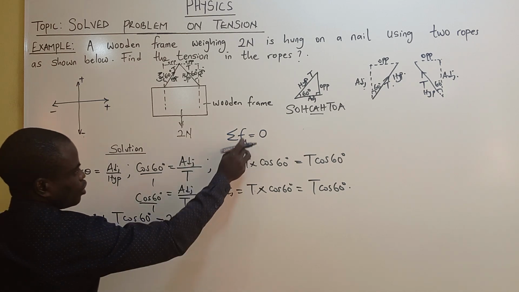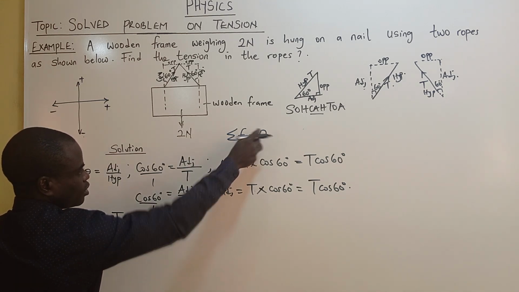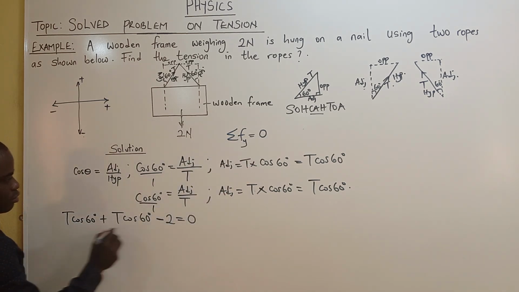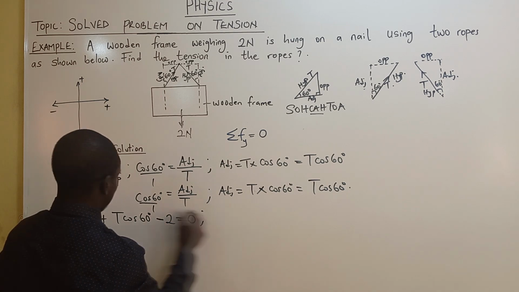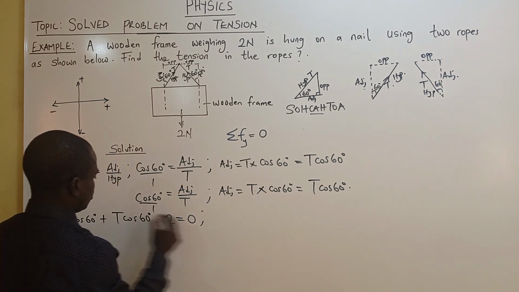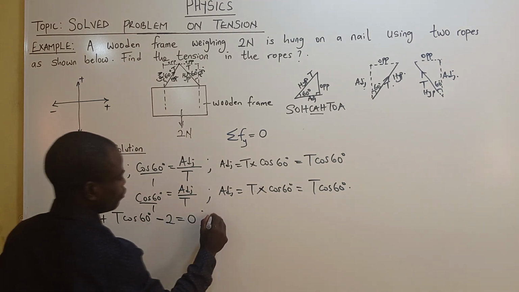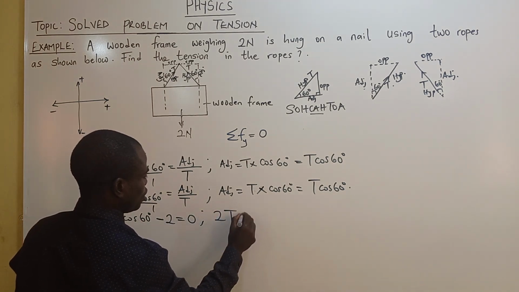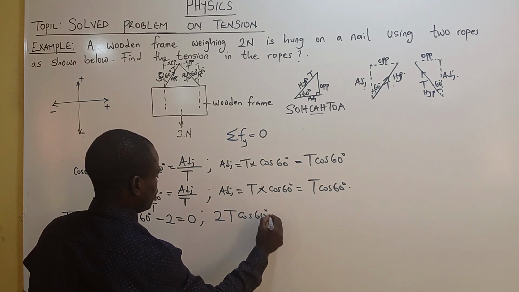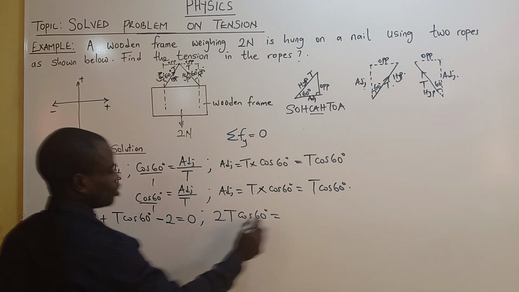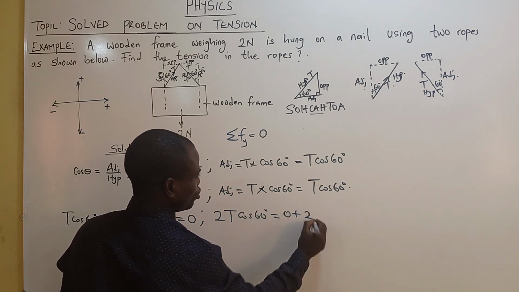That is the summation of forces along the y-axis equal to 0. Now you have 2T cos 60 degree minus 2 equals 0. Take minus 2 to the other side, 0 plus 2.